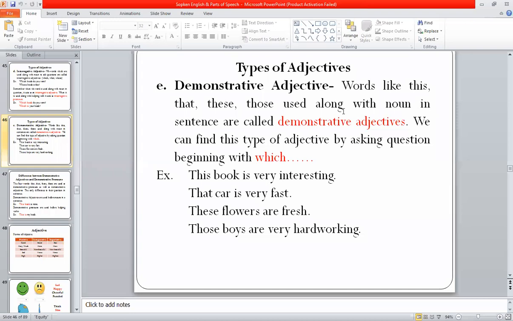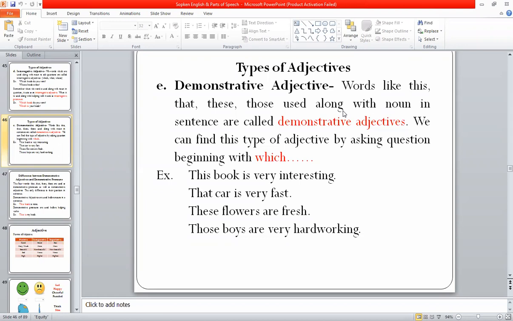So we can find this type of adjective by asking a question beginning with which. If we want to find the demonstrative adjective, we have to ask a question starting with which. For example, "This book is very interesting." To find the demonstrative adjective, we ask: which book is very interesting?